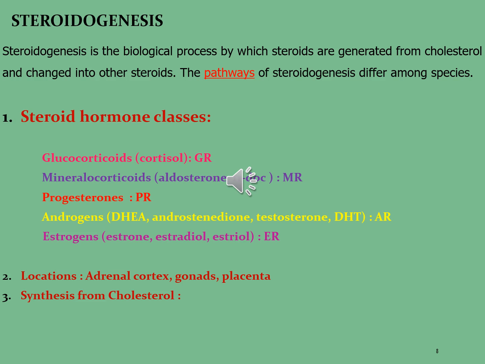Now the mineralocorticoids. The main one is aldosterone, and the receptor is the mineralocorticoid receptor, but there are other hormones that can activate the mineralocorticoid receptors. Usually this is under pathophysiological conditions, and one example here is 11-deoxycorticosterone, which is a precursor in some of the steroid pathways.